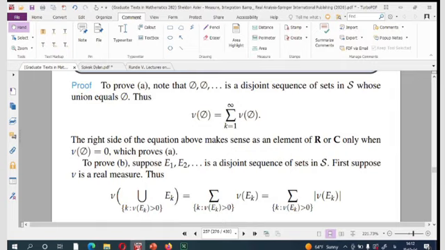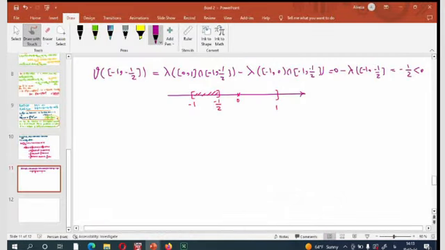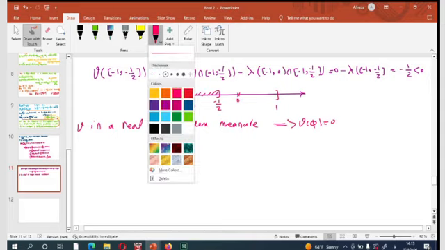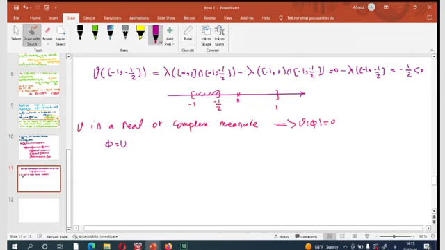Let me write it for you. If mu is a real or complex measure, then mu of the empty set must be equal to 0, because the empty set equals this union, so that mu of the empty set must be equal to this summation.